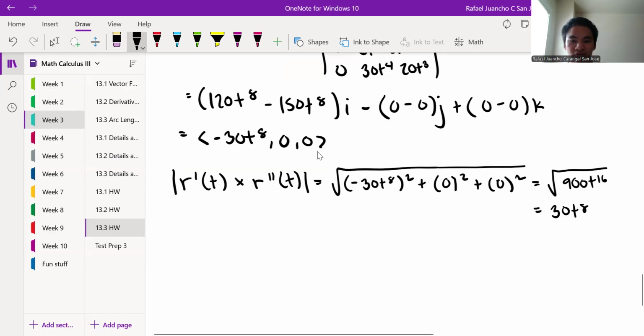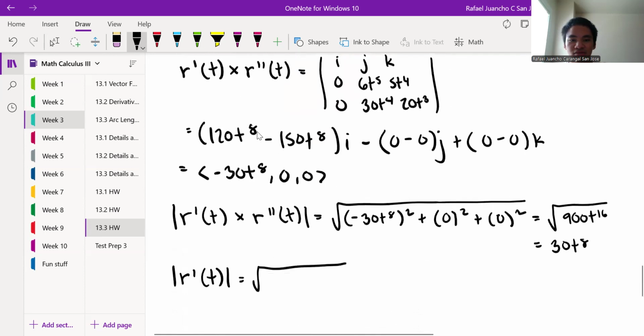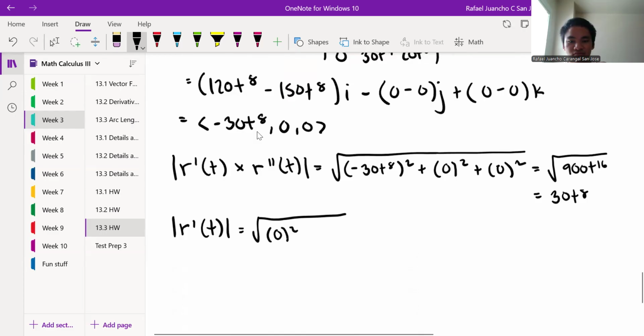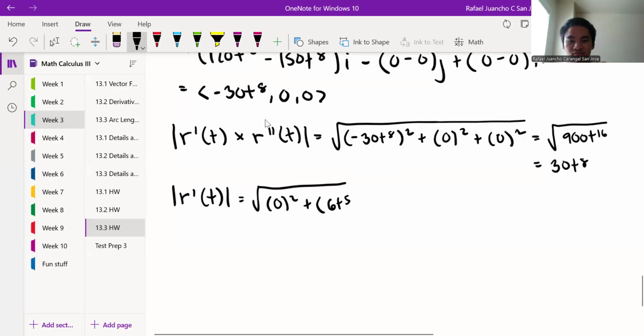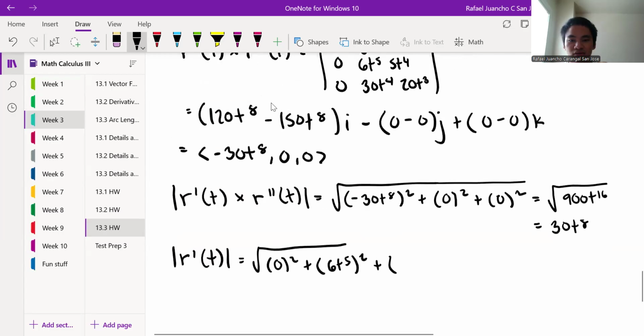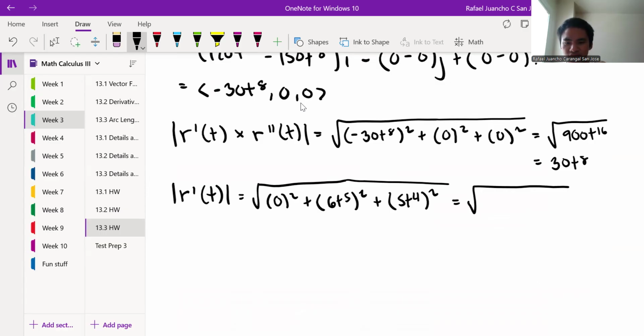Now, I want to get the magnitude of my first derivative. So again, another distance formula here. That's going to be each component squared: 0 squared, then 6t to the 5th squared, and then 5t to the 4th squared. This is 0, this is 36t to the 10th, and this is 25t to the 8th.